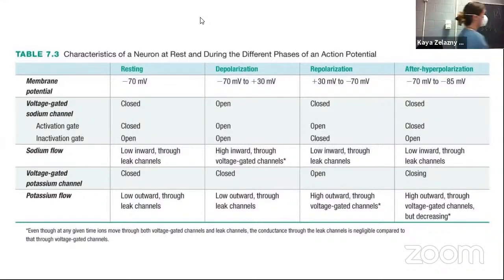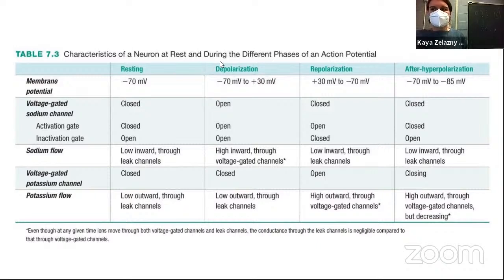So these tables are basically for you to study from, and they're from your book, but we can use them briefly as a little review here. So remember, we've been talking for a couple days now about our different values of the membrane potential that we want to pay attention to. Rest is -70. Depolarization is this whole phase, -70 to +30.